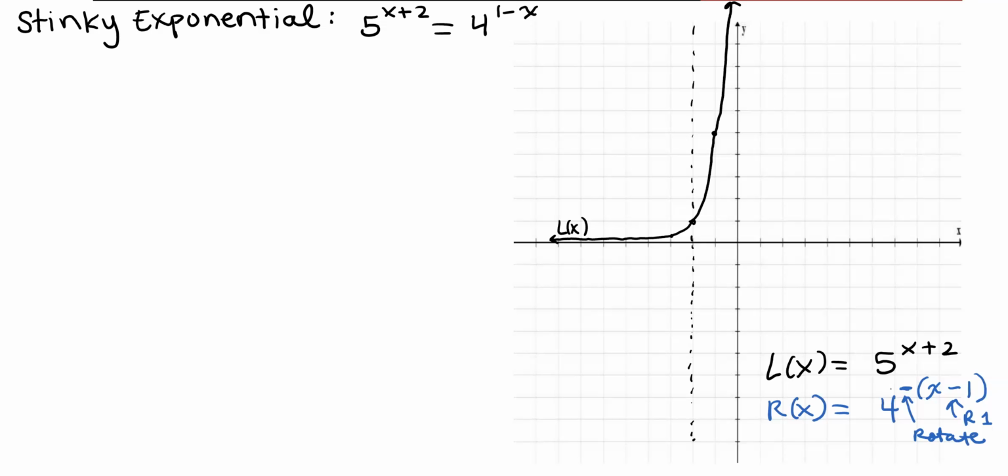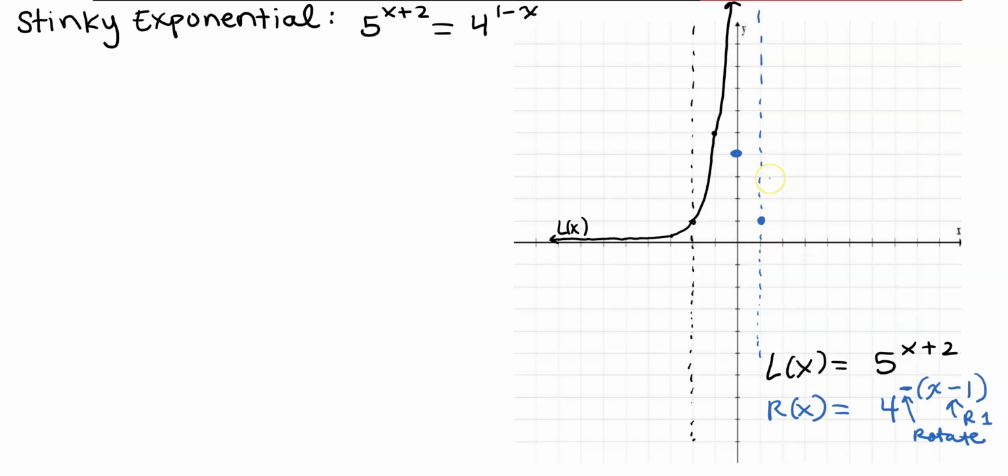So let's go and move right 1. And so when I move right 1, I have a new y-axis right here at 1. The point that the function will cross is going to be at 0, 1 because 4 to the 0 power is 1. Normally I would go right 1 up 4, but now I am rotating, so I'm going to go left 1 up 4. 1, 2, 3, 4. Left 1 up 4. And then normally I would go right 2 up 16.